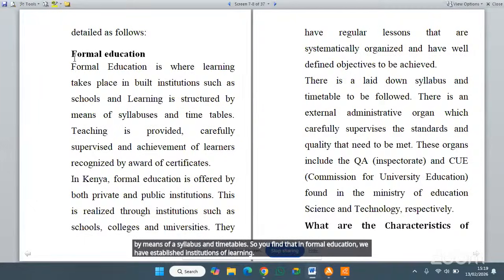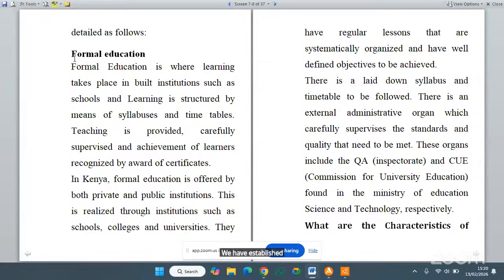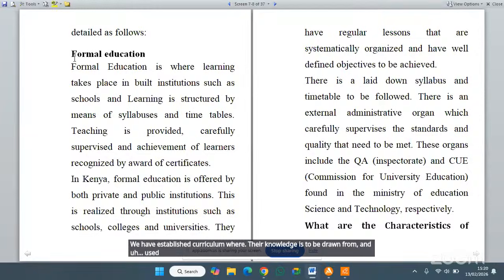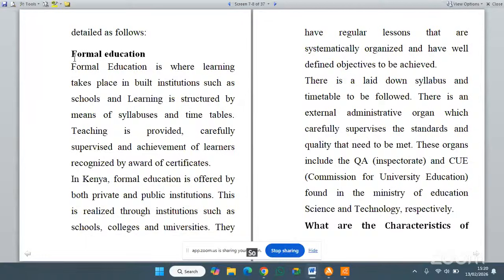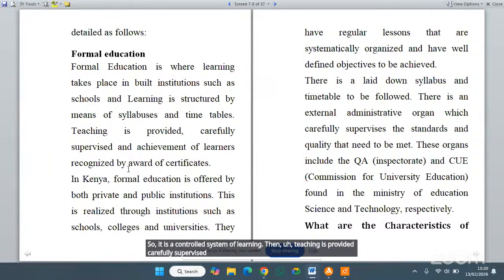We have established curricula where the knowledge is to be drawn from and utilized for learning. Then we have strict timetables to be followed. So it is a controlled system of learning. Then teaching is carefully supervised, and achievement of learners is recognized through award of certificates.